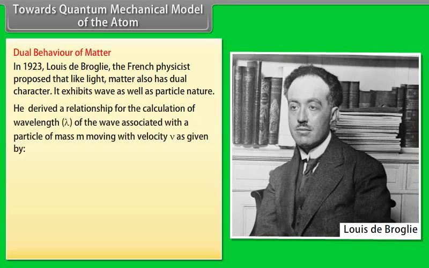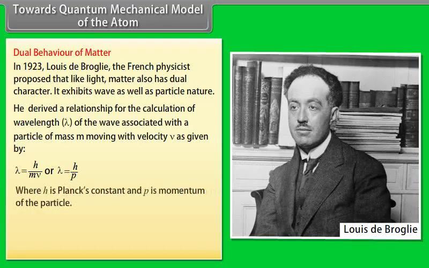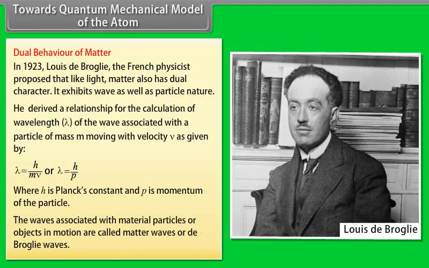He derived a relationship for the calculation of the wavelength lambda of the wave associated with a particle of mass m moving with velocity v, as given by lambda is equal to h by mv, or lambda is equal to h by p, where h is Planck's constant and p is the momentum of the particle. The waves associated with material particles or objects in motion are called matter waves or de Broglie waves.